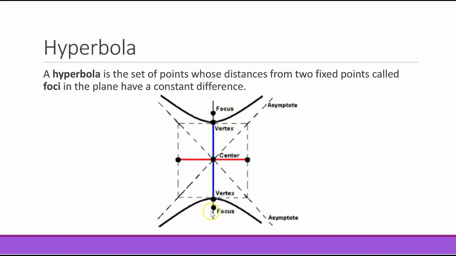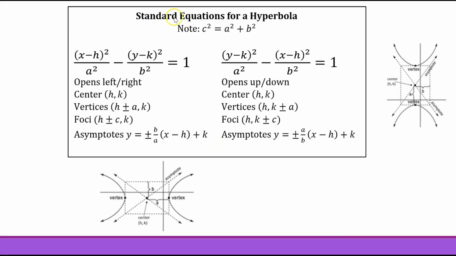So like inside the U is my focus. And then I also have something new, which is this idea of asymptotes. So these U shapes are approaching these linear asymptotes. And notice that the asymptotes do pass through the center of the hyperbola. Let's take a look at the standard equations for a hyperbola.